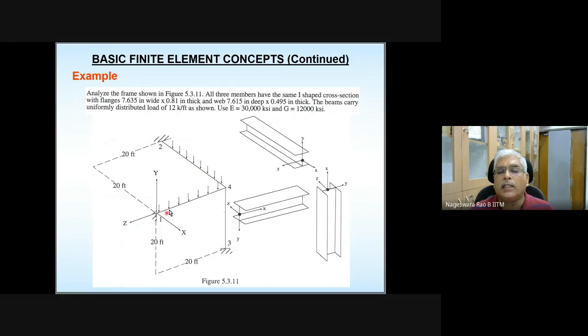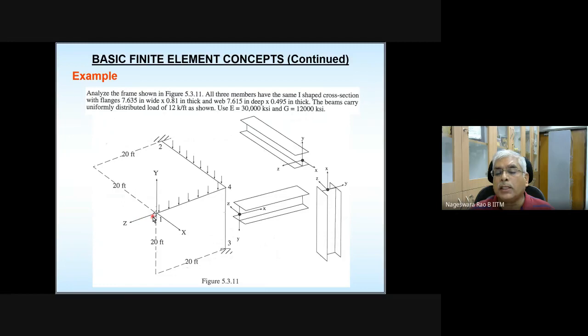You can see here it consists of 3 elements, all joined together. The nodes are numbered 1, 2, 3, 4. So this fourth node is the common node for all the elements.